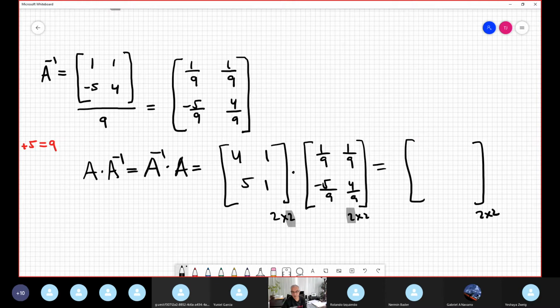This always happens with square matrices. So this is 4/9, at least the first entry. This times this, and this times this.